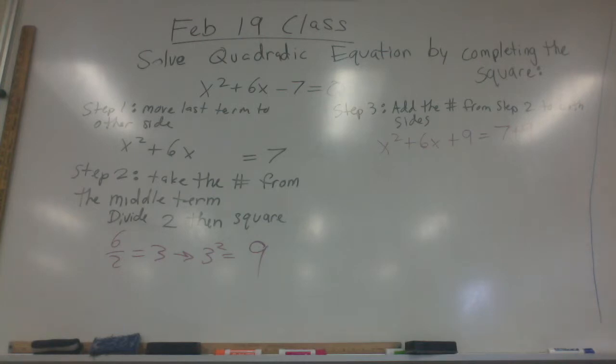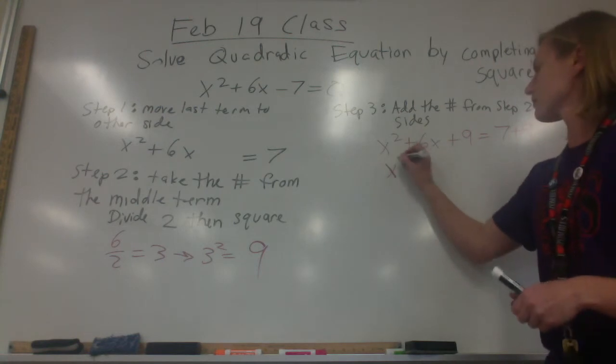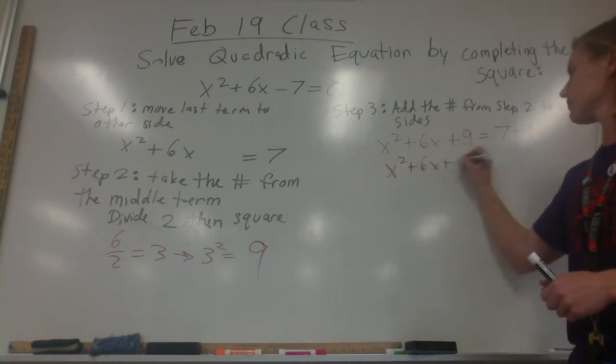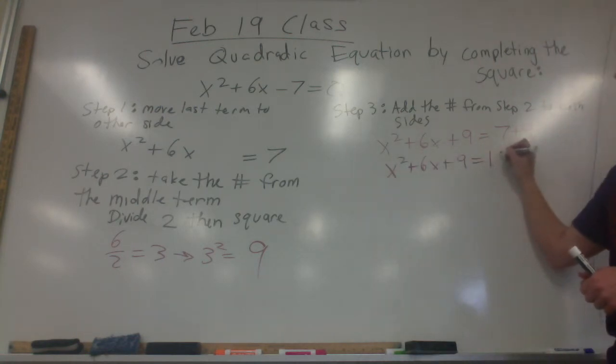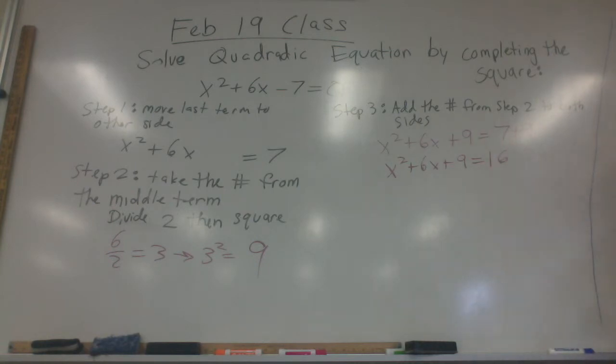What we did to one side, we did to the other, so we haven't violated any math rules here. We can just add 7 and 9, so obviously this becomes 16. Okay.